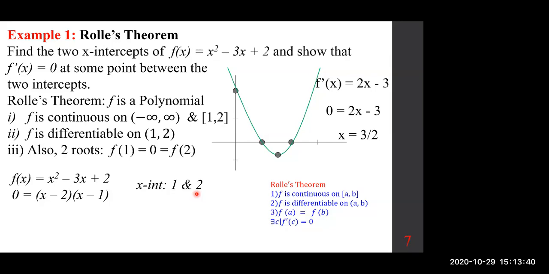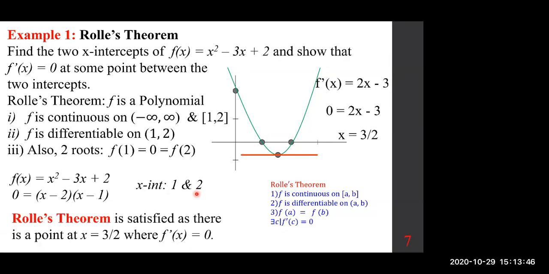Here's the point: Rolle's theorem is satisfied as there is a point at x equals 3/2 where f prime equals 0. I hope everybody's following what happened. So a quick recap. All you have to do is look at the function. It's a polynomial function.